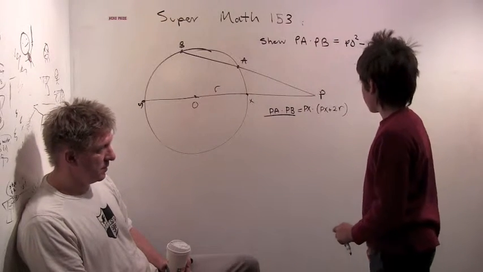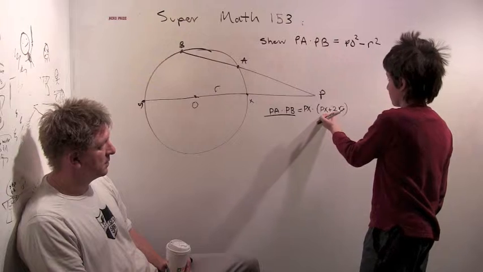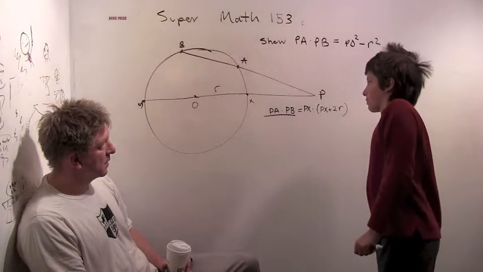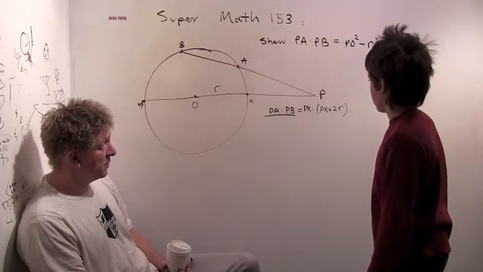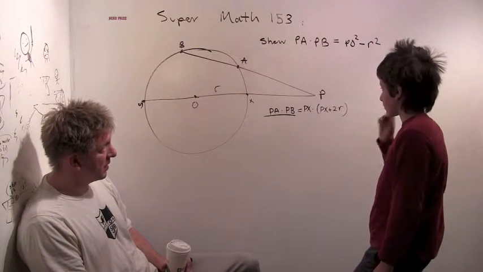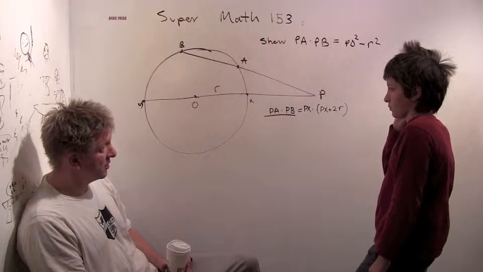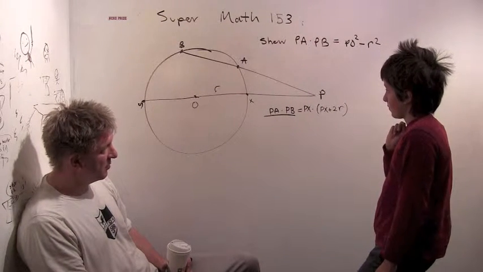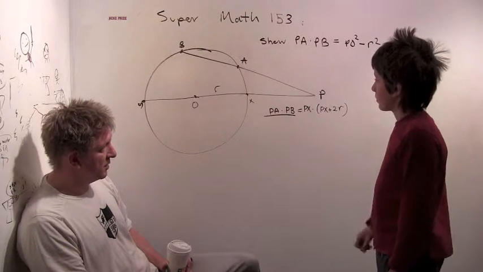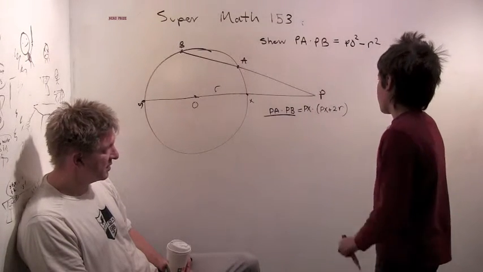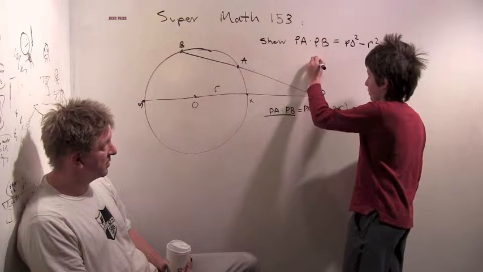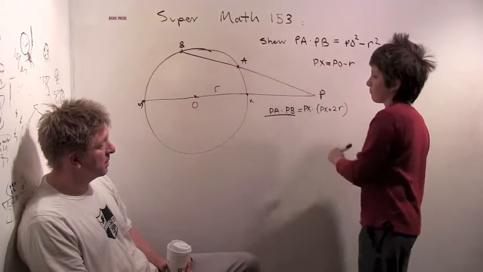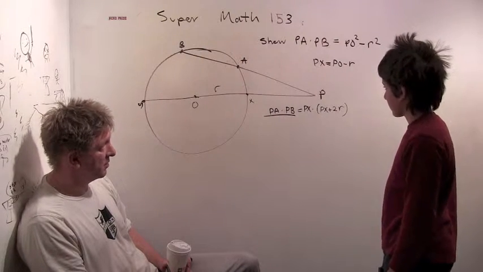We don't have a PO, but we could say this is PO plus R. We're trying to get another side of the equation with POs and Rs in it, and right now you have PXs in it. So it would be good to get rid of those PXs and change them into POs. PX equals PO minus R.